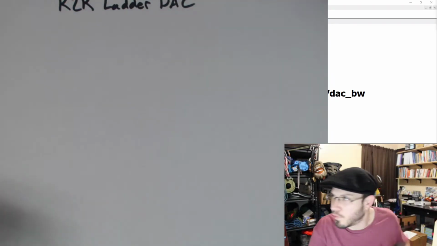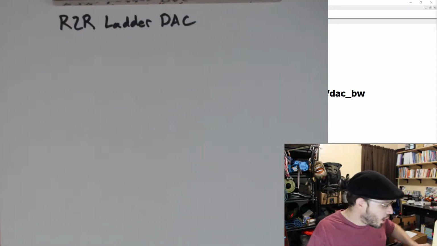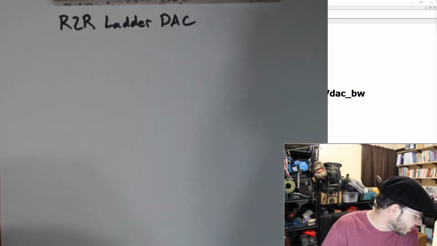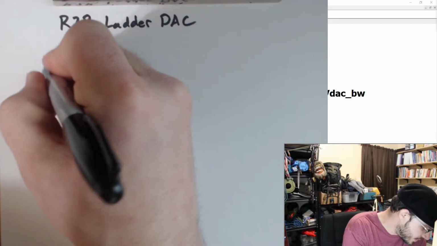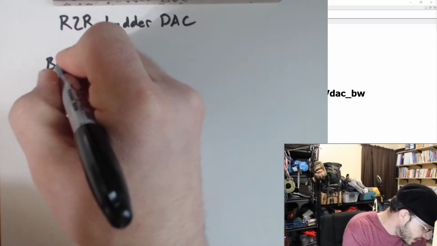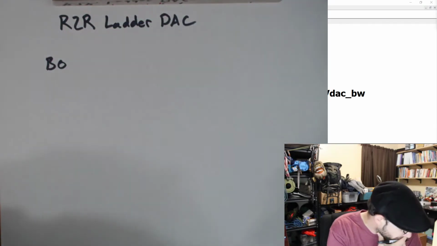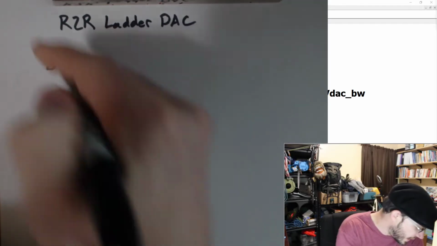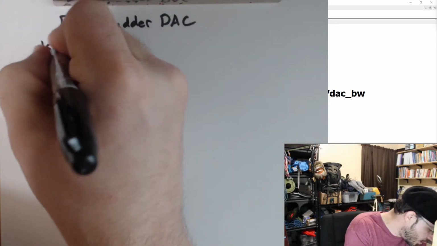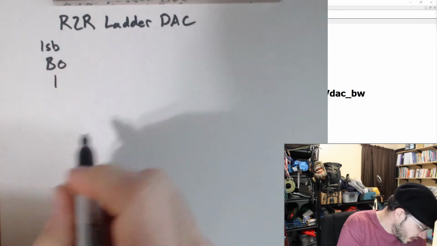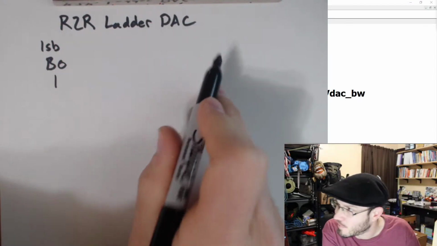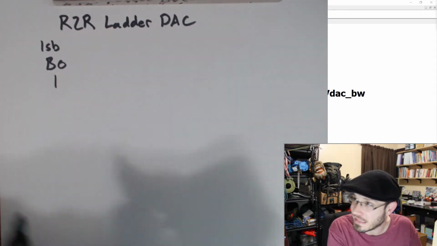And the general form of the R2R ladder digital analog converter would look like this. Let's take B0. So I'm going to start with my least significant bit over here. And I'm going to have my inputs labeled on the top because it's just the easiest to draw it.